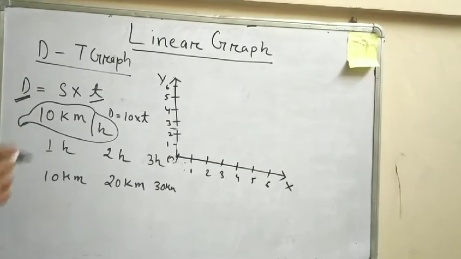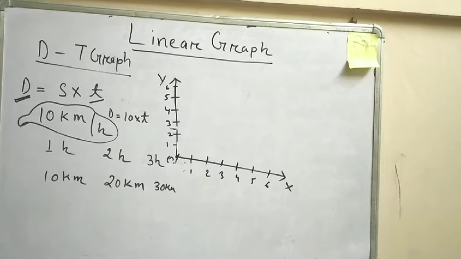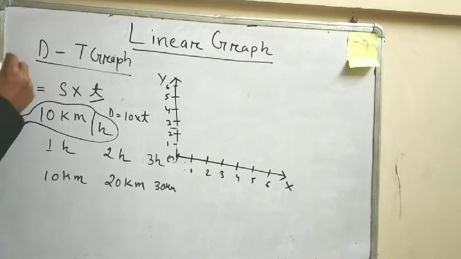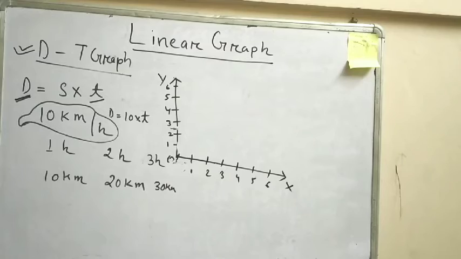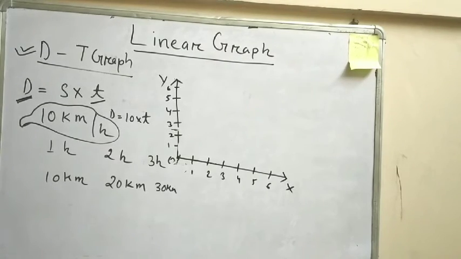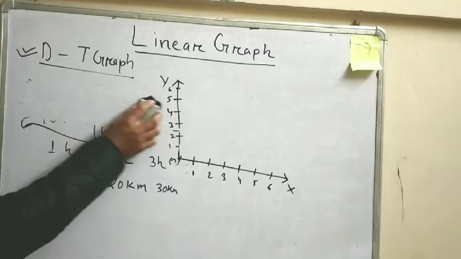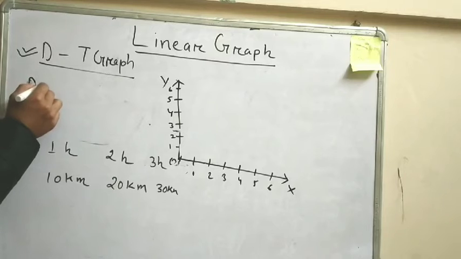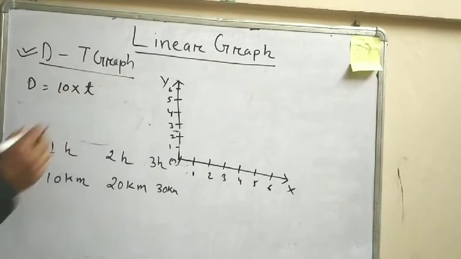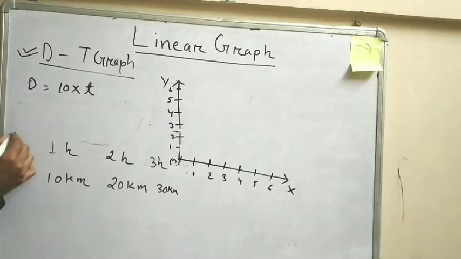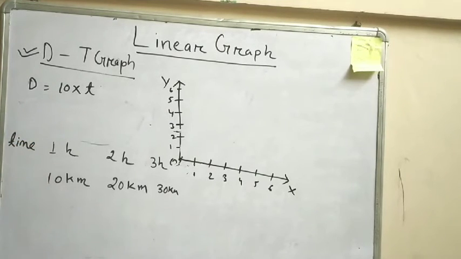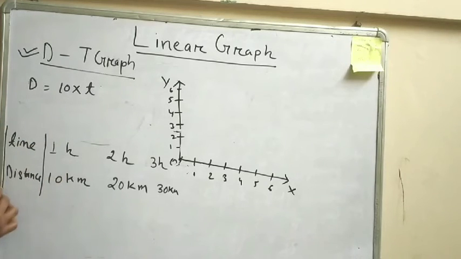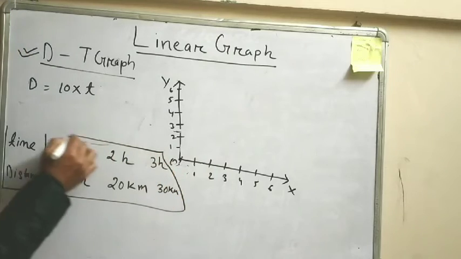While plotting this type of data in our Cartesian plane, which is known as the distance-time graph, we have to keep something in mind. So let us see how we can plot. Here, students, distance is equal to 10 times time. So we will take time as one quantity and distance as the other quantity, and we will prepare a table for distance and time.